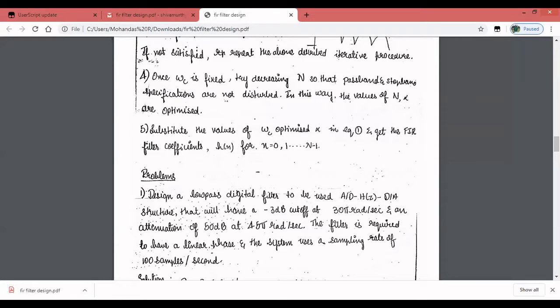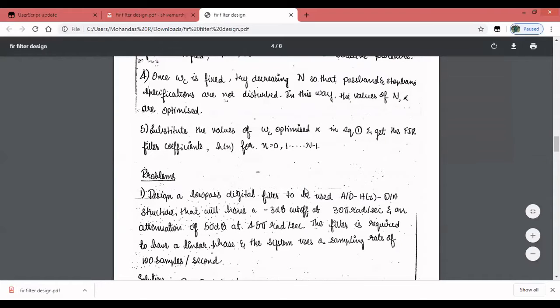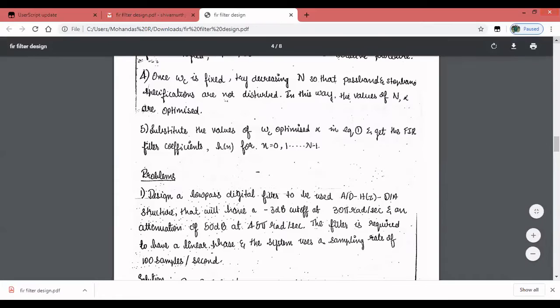That is the data they have given: a minus 3 dB cutoff, that is, Kp is given, Kp is equal to minus 3 dB cutoff at 30 pi radians. What is this 30 pi radians? That is nothing but omega p is 30 pi radians.